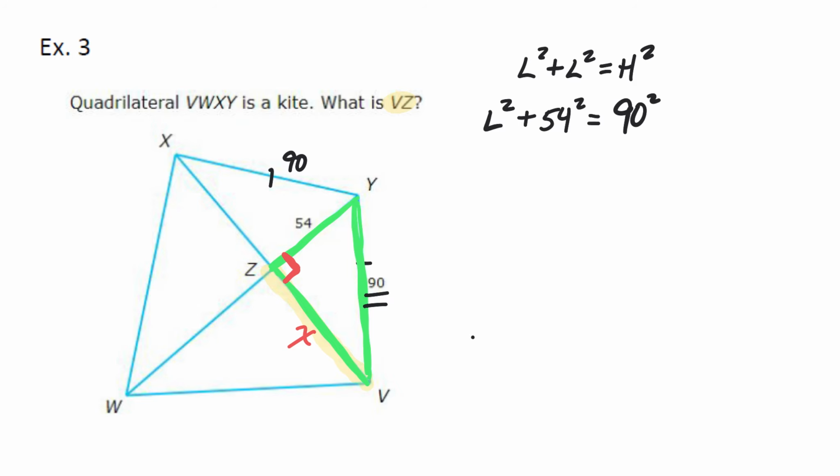90 squared is 8,100. 54 squared is 2,916.